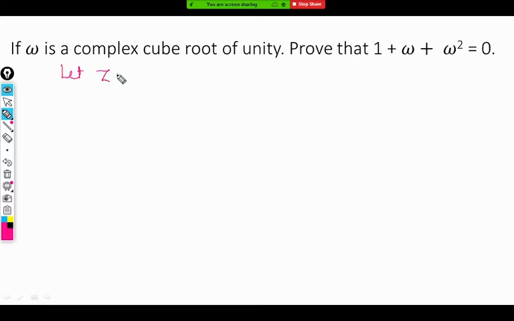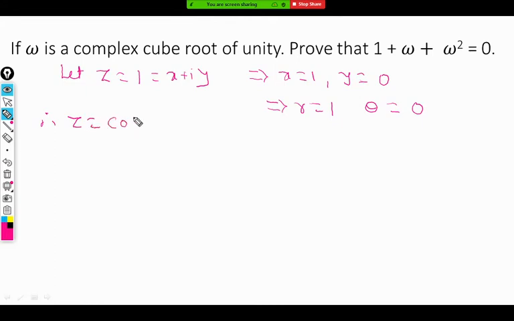Let z equal to 1. That is step number 1. So you can say z is equal to x plus iy. This gives us x equal to 1, y equal to 0, and this gives us r as 1 and theta as 0. So you can write it directly also. Therefore, we got z equal to cos 0 plus i sine 0.